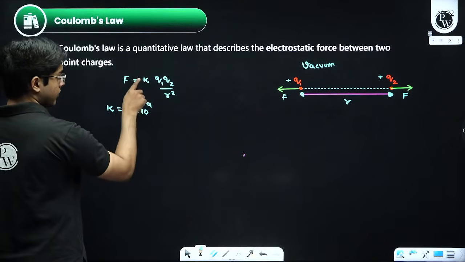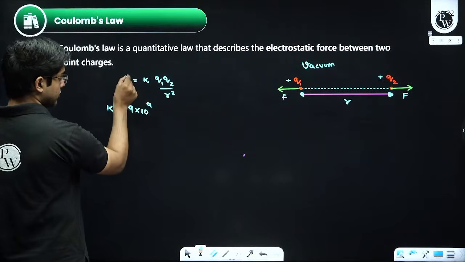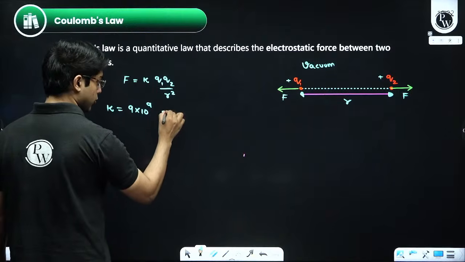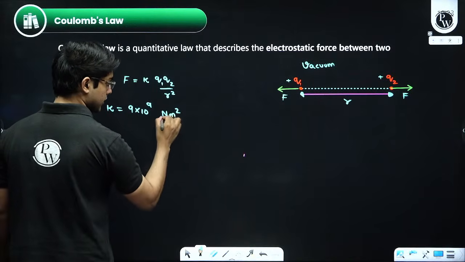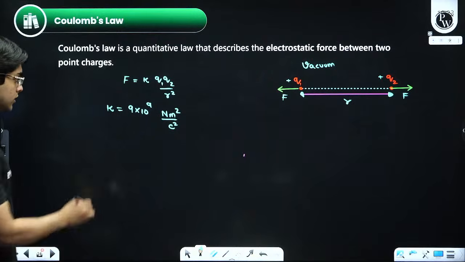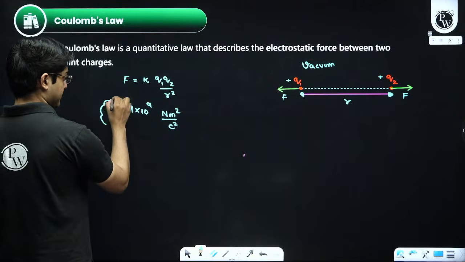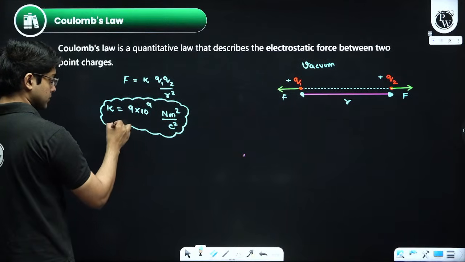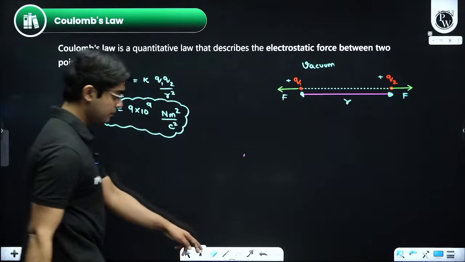So units of K will be Newton meter square divided by Coulomb square. This will be the unit of this constant K. This is an important value to keep in mind.